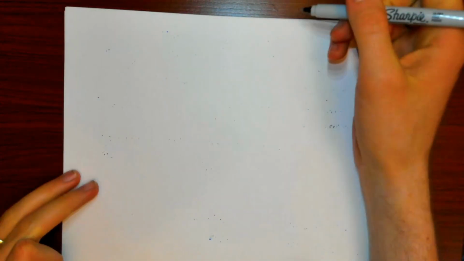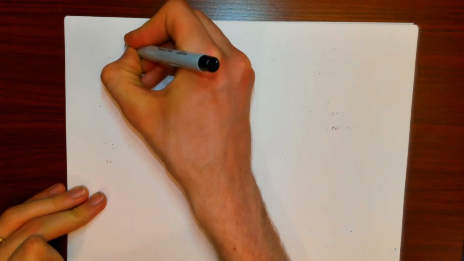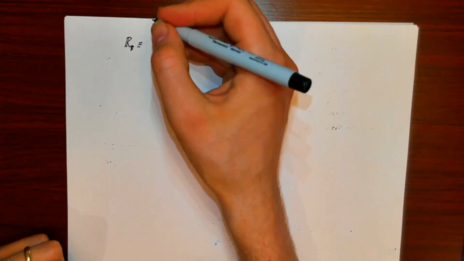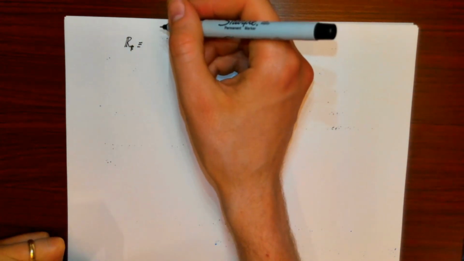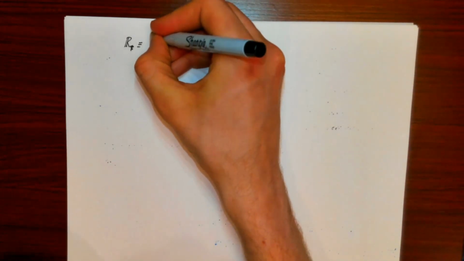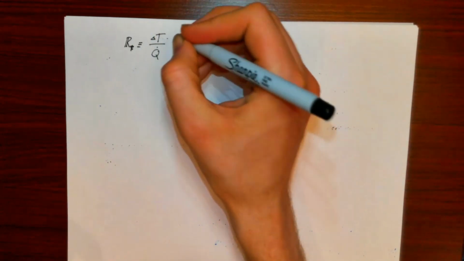In previous lectures, we said that, in general, thermal resistance is defined as a delta T divided by a Q dot, right?